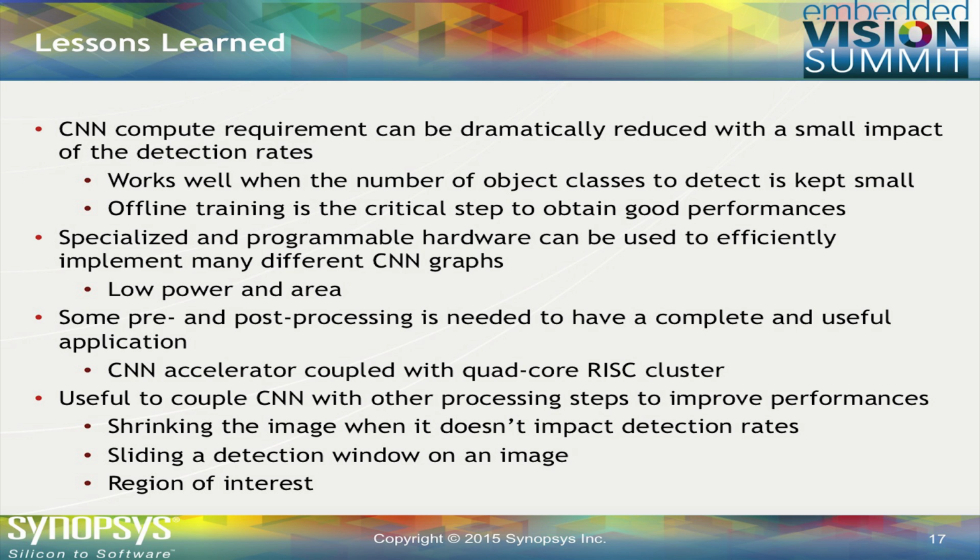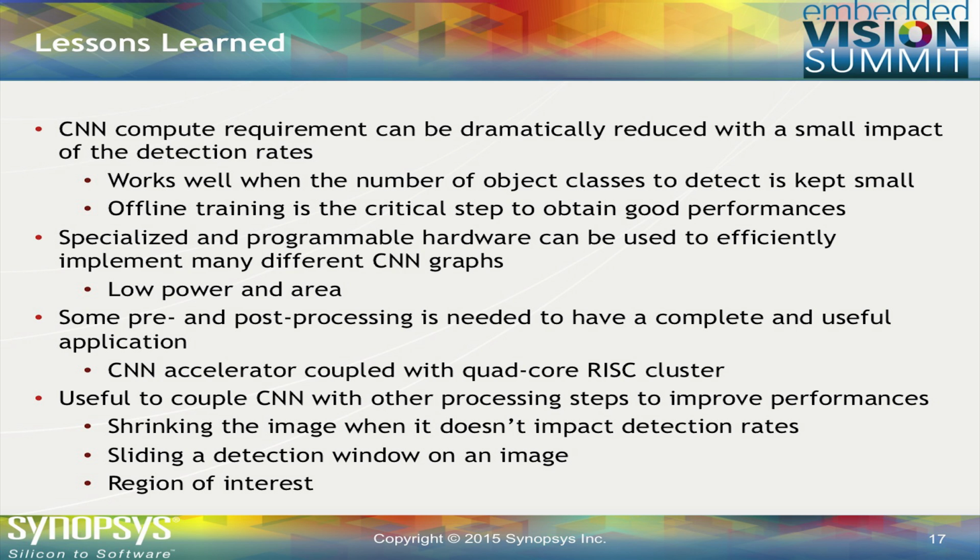But the other thing I can say is that if you want to have an embedded CNN graph that is small, you probably won't be able to detect thousands or tens of thousands of different classes all at once. Like for example, in the ImageNet competition, you probably need a little bit more than 3 layers to do that.